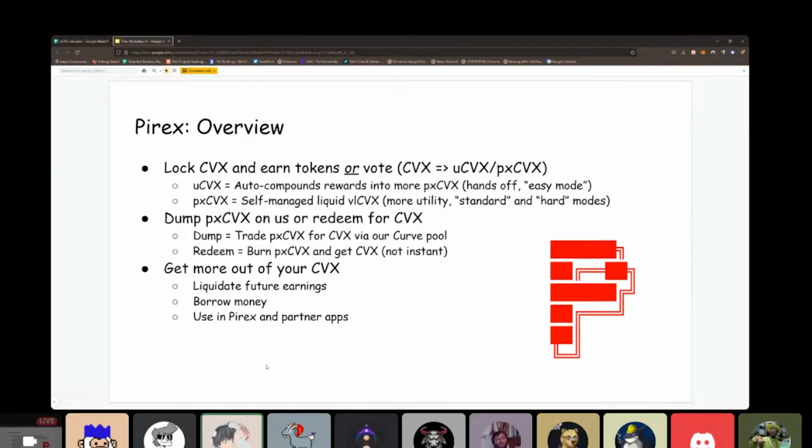The protocol locks your tokens in order to ensure that there are assets backing that future yield, because otherwise we're susceptible to gaming. So every single token that we create or mint with Pyrex is backed by something, and we've just relentlessly tested to make sure that everything works as expected.